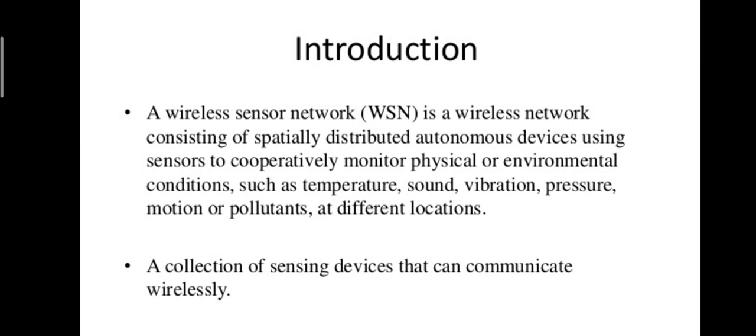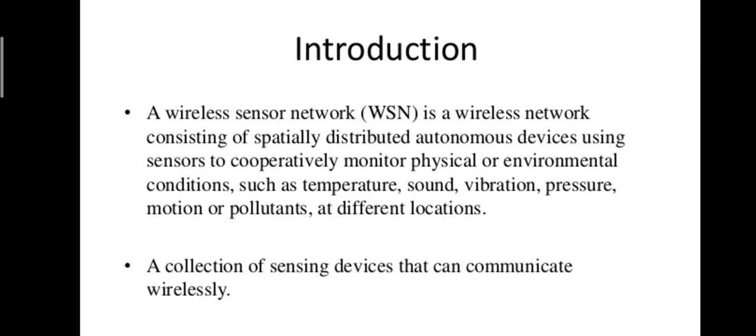We understand that it is a distributed sensor to monitor physical conditions and pass their data through the network to a main location. It consists of sensor nodes, also known as multiple detection stations. It is equipped with a transducer and the power is supplied from a battery.